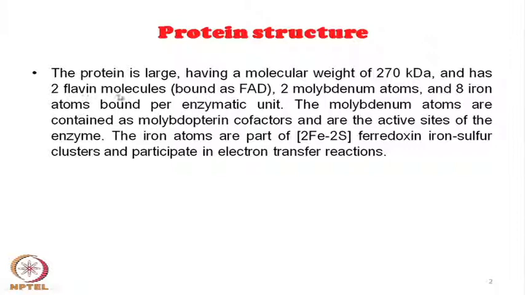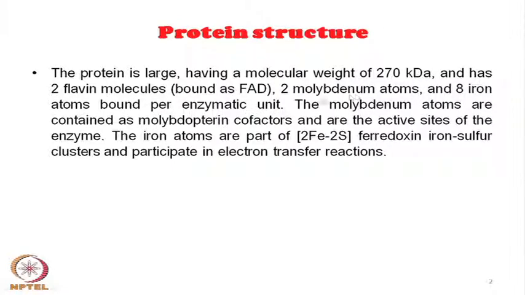So, it has two flavin molecules also, bound as FAD, flavin adenine dinucleotide. Then two molybdenum atoms, the molybdenum centers responsible for the oxygen atom transfer, and 8 iron atoms bound per enzymatic unit.